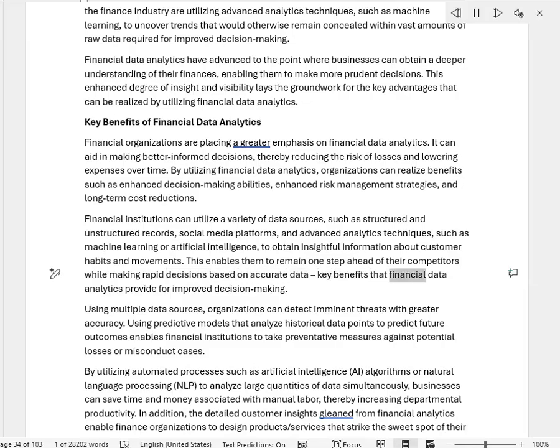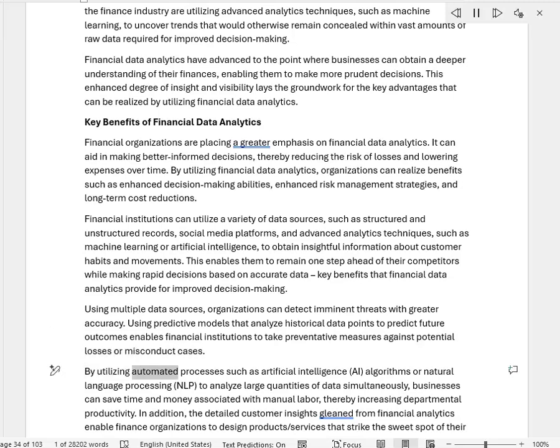Key benefits that financial data analytics provide for improved decision-making. Using multiple data sources, organizations can detect imminent threats with greater accuracy. Using predictive models that analyze historical data points to predict future outcomes enables financial institutions to take preventative measures against potential losses or misconduct cases.